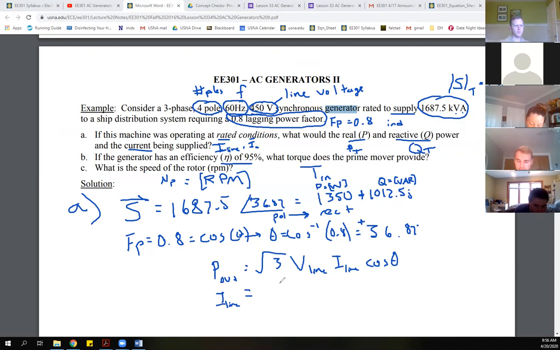So if we have I line, we can take that P out, divide it by √3 V line cosine theta. The P out that we had was right here, 1350. That was the P total, right? All three phases here, all three phases there, 1350. √3 V line was given, 450.